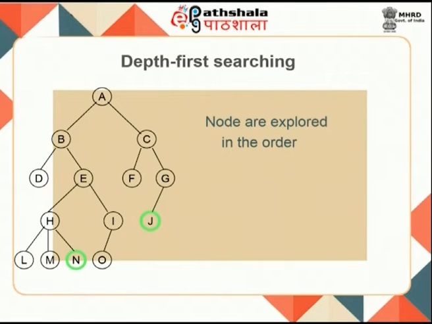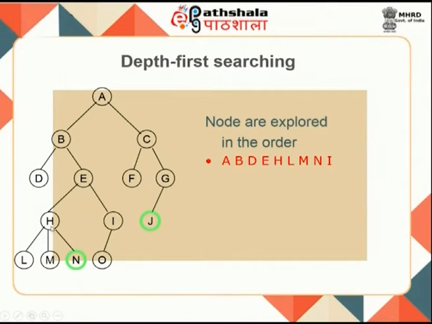This kind of search is what we call DFS. So, I will start from A, then B, then D. I encounter a dead end, so I backtrack to B. Then I explore E, H, L, dead end.